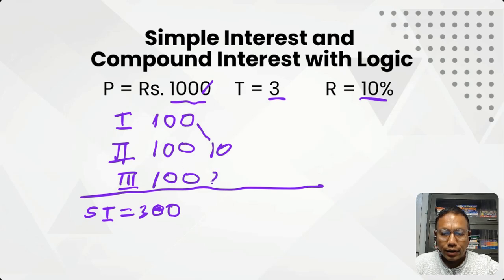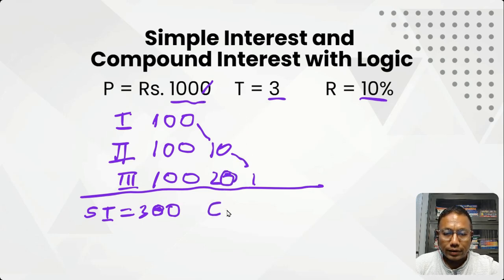Right below 20, 20 right below 10. For the third year, there will be an interest from this 10%. Okay, 10% of 10 is 1. Compound interest is all this sum.